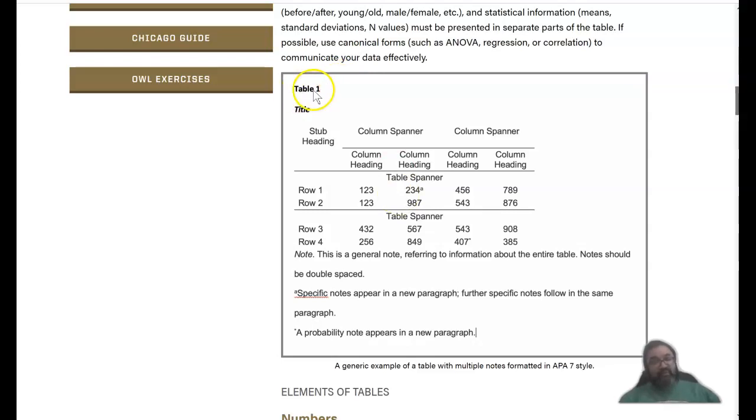So you can write Table 1, and then the label for the title that is descriptive for the table. And then if you want to put some notes, you italicize Note. Basically, what I'm wanting you to notice is what to italicize. Sometimes people will italicize Table 1 and not italicize the title.